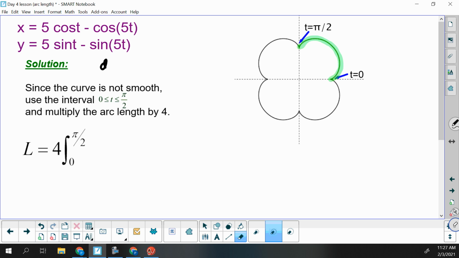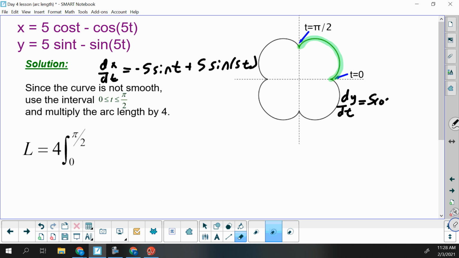Our dx over dt would be negative 5 sine t plus 5 sine 5t by the chain rule. And maybe I'll write over here, our dy over dt is going to be 5 cos t minus 5 cos of 5t. So from there, we'll just have our square root.